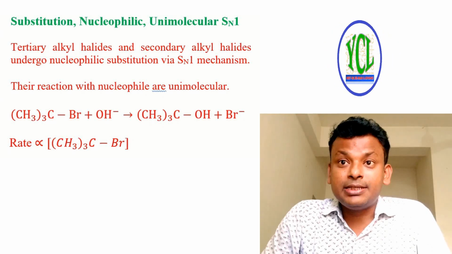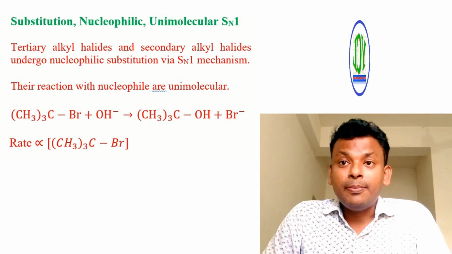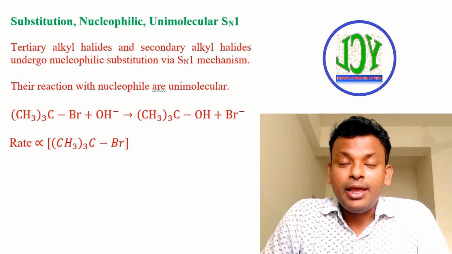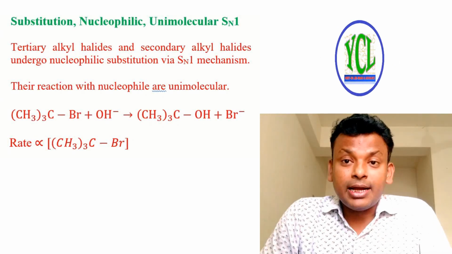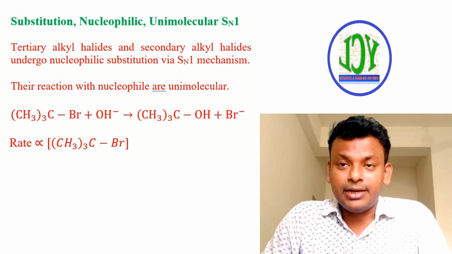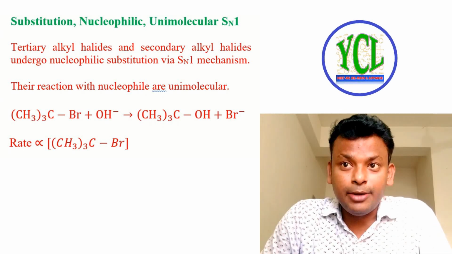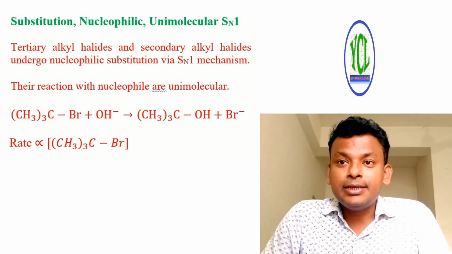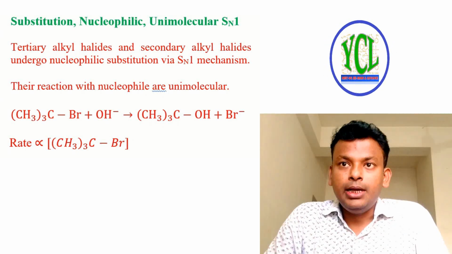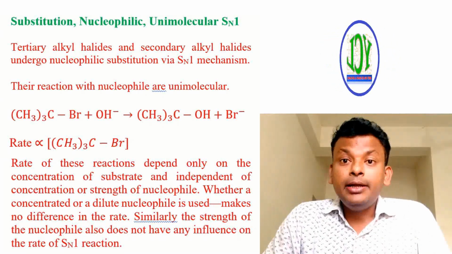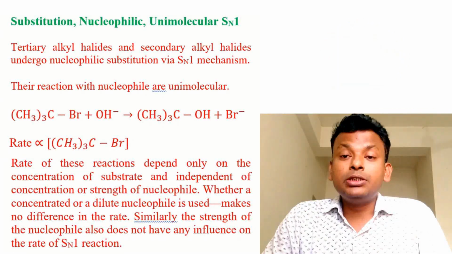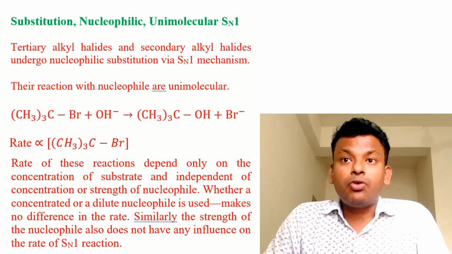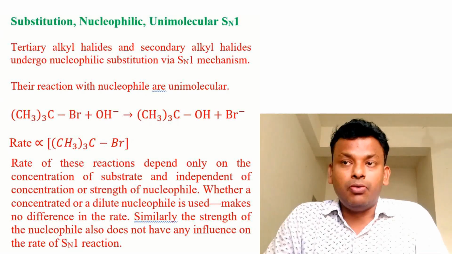Here is a given example: (CH3)3CBr plus OH negative gives (CH3)3COH and Br negative. Here (CH3)3CBr is a tertiary alkyl halide or tertiary bromide. Here the rate is directly proportional to the concentration of alkyl halide. The rate of this reaction depends only on the concentration of substrate and is independent of the concentration or strength of nucleophile.